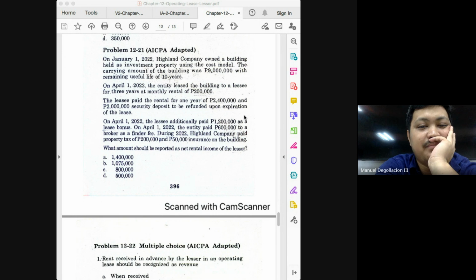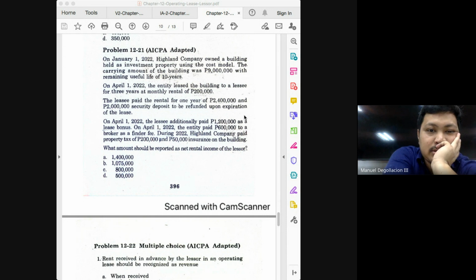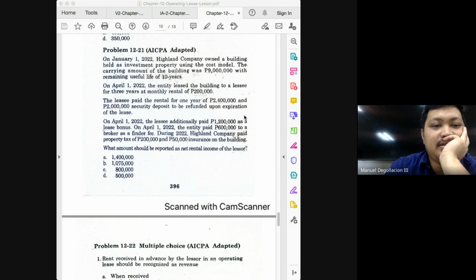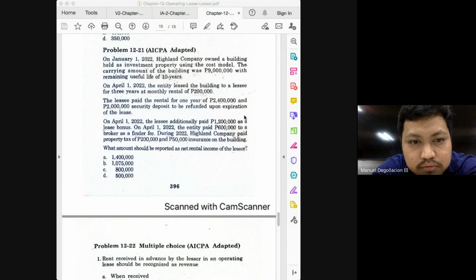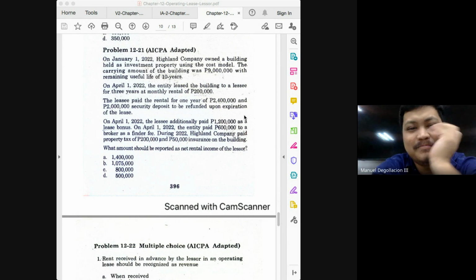The lessee additionally paid 1,200,000 as a lease bonus. How much is 3 years? 36, 72, 84. Was it 7,800,000?